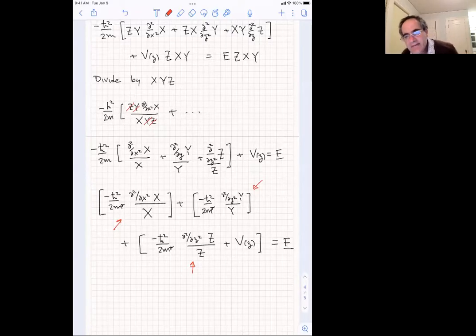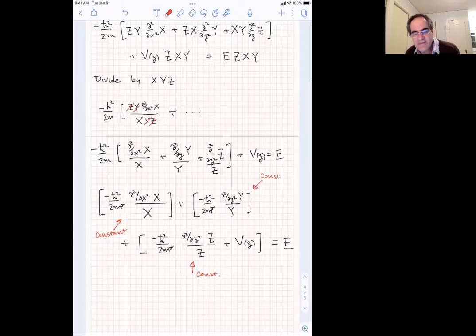And this turns out to mean something very special. Not only does the first term only depend on x, but actually it can't even depend on x. It has to be a constant. And likewise, the second term is a constant. And so is the third term.